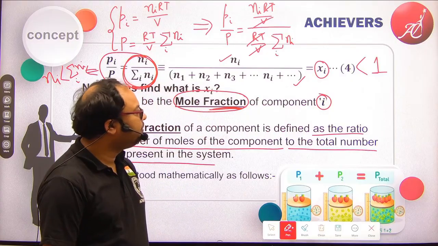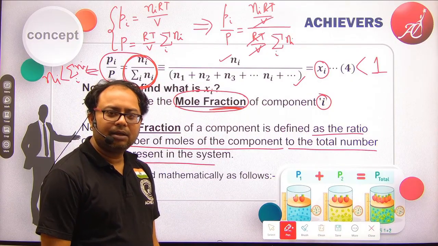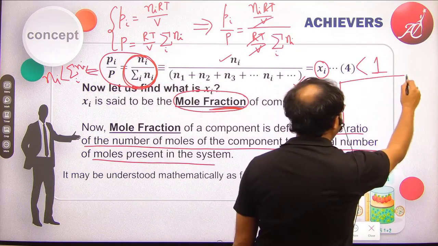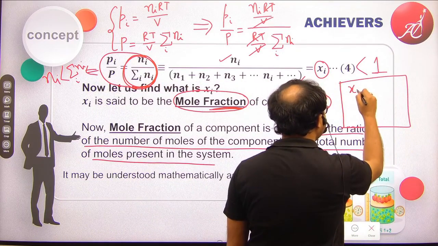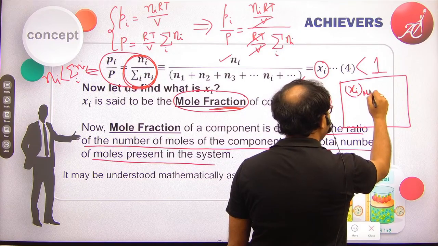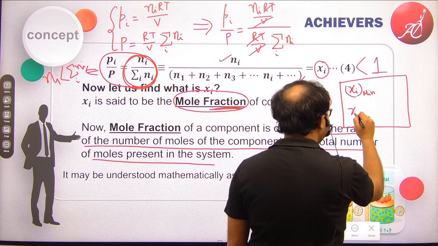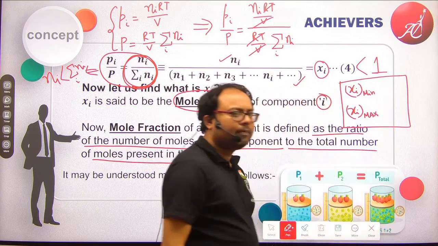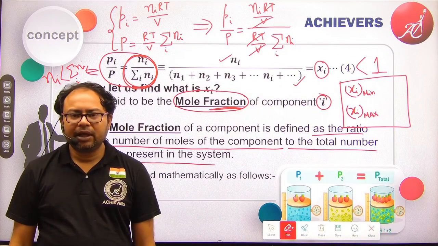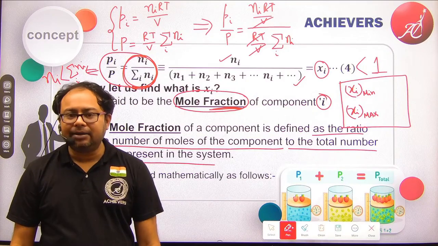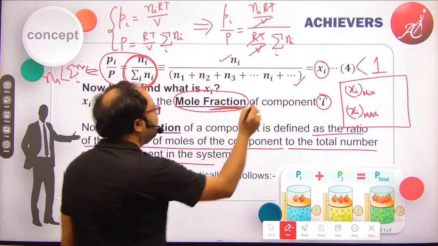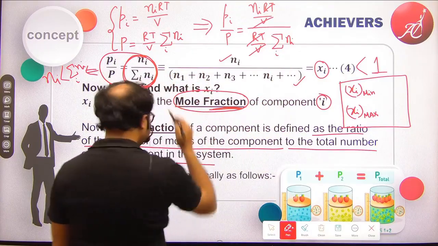Okay. So can you say what should be the minimum value of xi? And what is the maximum value of xi? If I is absent, then Ni is 0.